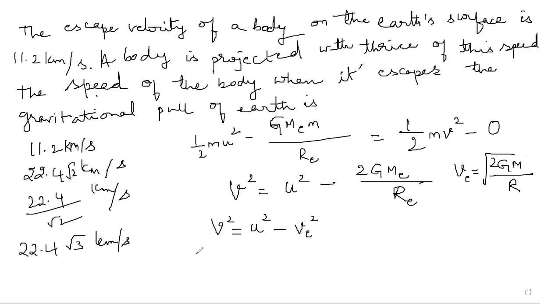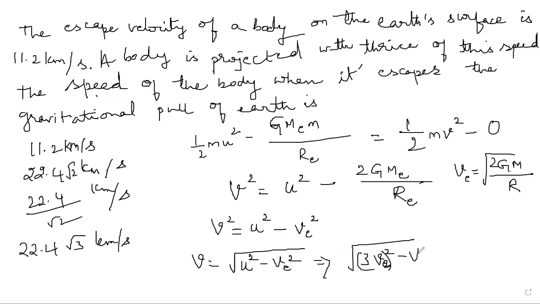So I want the speed, right? So v is equal to square root of u square minus VE square. But already they told that it is 3 times, so it is (3VE) whole square minus VE square. So 3 threes are 9, so 9 minus 1 is 8. So I can write this as root.